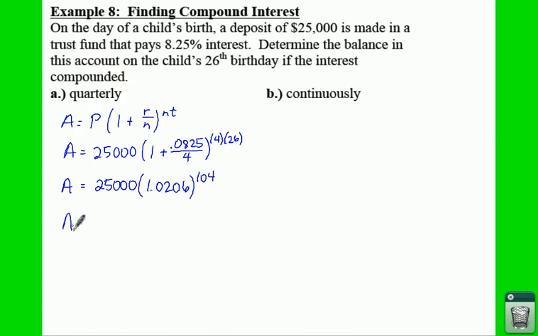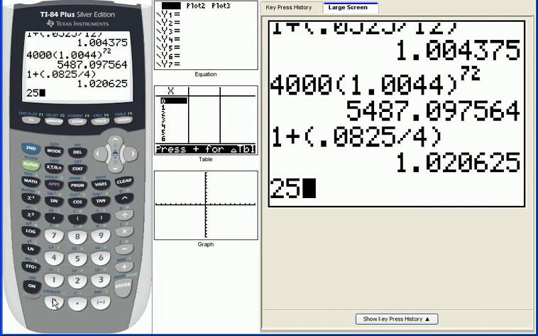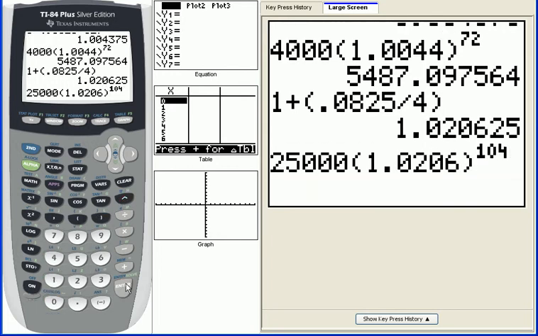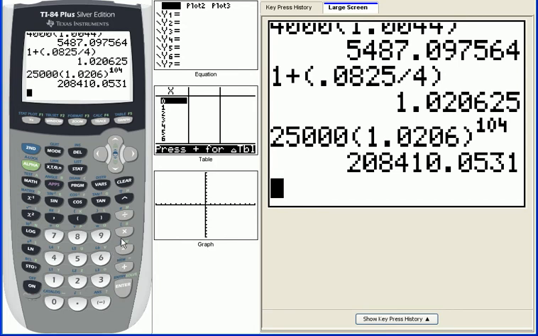So if you plug all this into your calculator, after 26 years, see how much money you make. So 25 grand times 1.0206 to the power of 104. Holy moly. It's a big chunk of change.